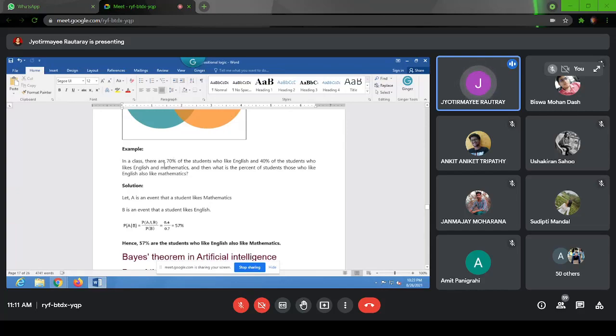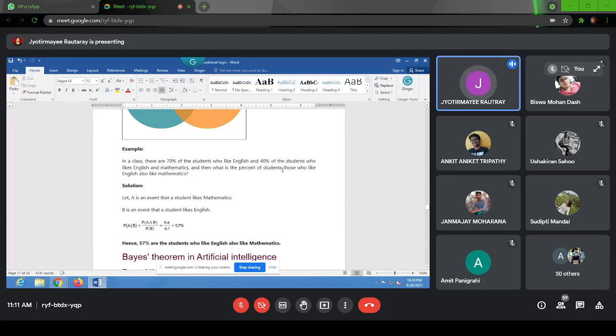So the probability of B will be 70%, meaning 0.7, and 40% of students like English and mathematics. If A is the event that students like mathematics, then the probability of A and B will be 0.4, as 40% is there.